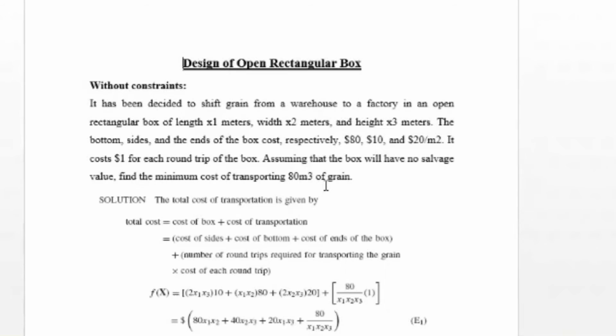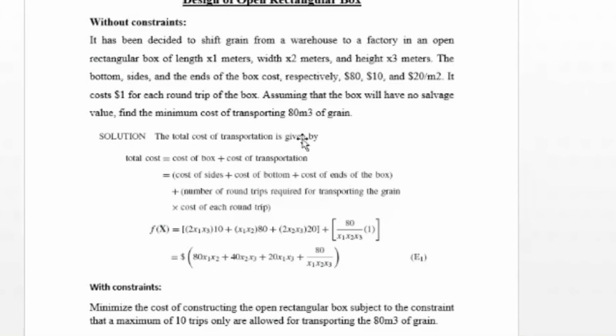Here the intention is that the total volume of grain to be transported is 80 cubic meters, and for each round trip the cost incurred is also given. That is why the total objective function is expressed as a cost expression, so that by minimizing that cost expression, the values of the decision parameters can be optimized, right?